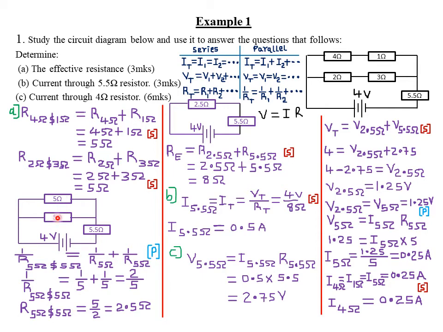Remember, if we are dealing with any parallel connection, then the total voltage entering a junction is equal to the voltage through each of the components.